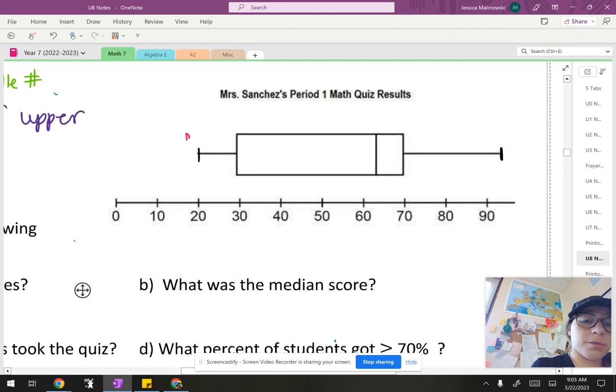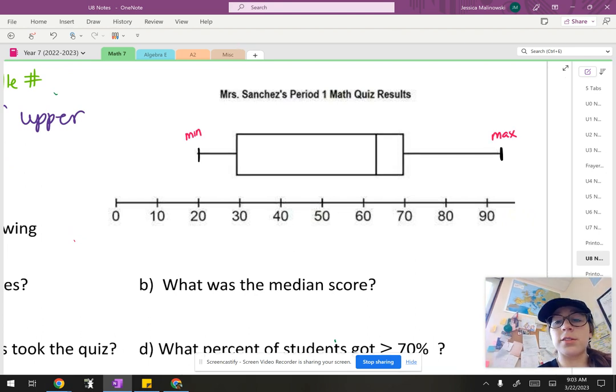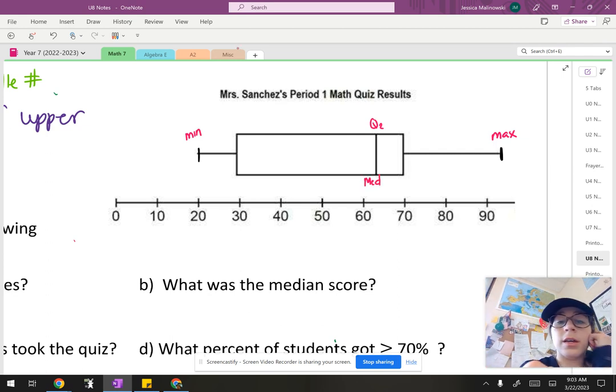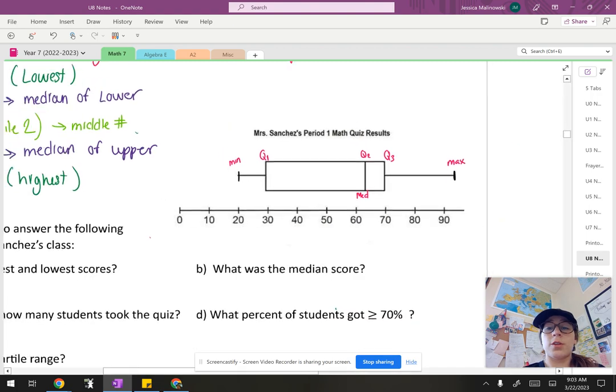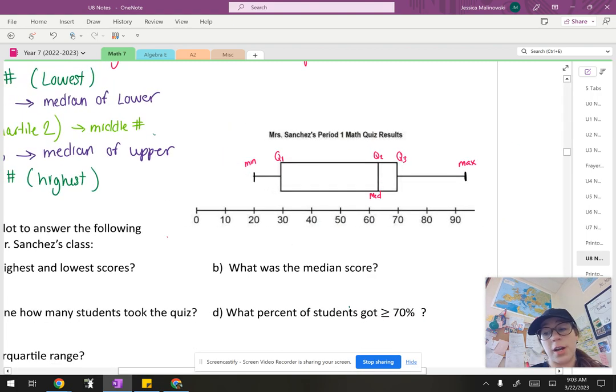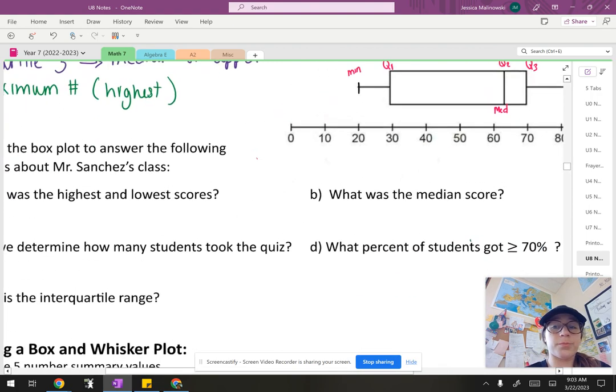This is my minimum, and the maximum is at the other end. That line in the quote-unquote middle of my box is my Q2, aka my median. Q1 is the first line of my box, and Q3 is the second edge. So it's really helpful to start with that.